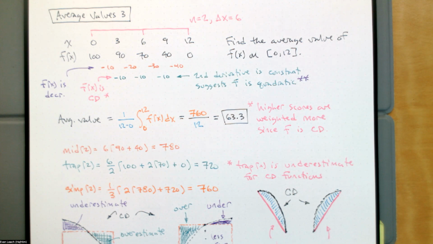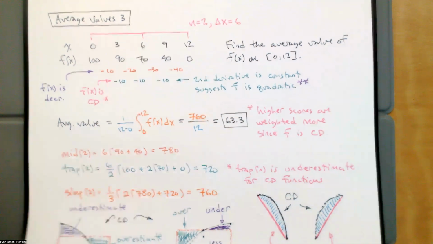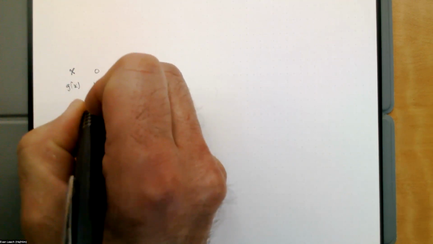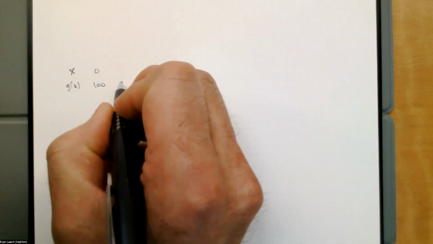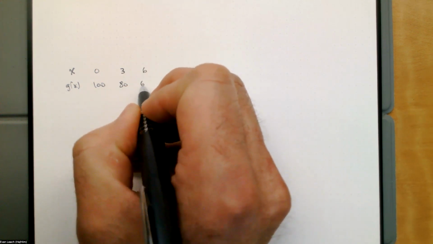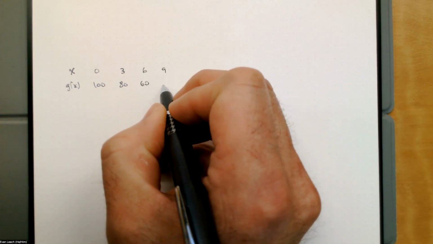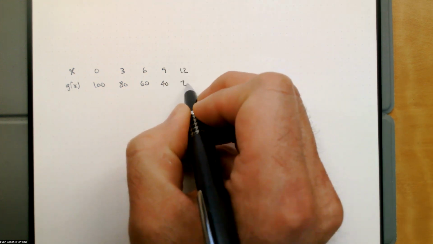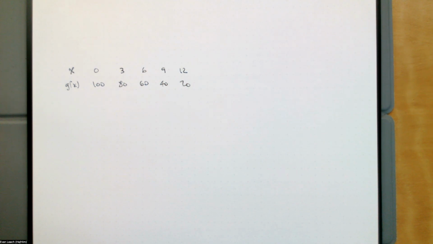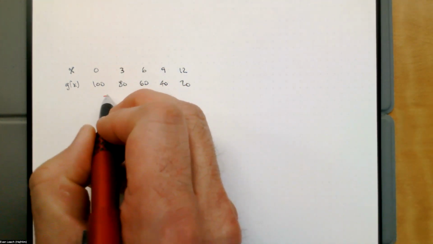I'm sorry about that. One of the ways that we could look at this is I could come up with a different function. If we think about this function, it looks like I'm making a linear function because I'm just subtracting 20 the whole time.